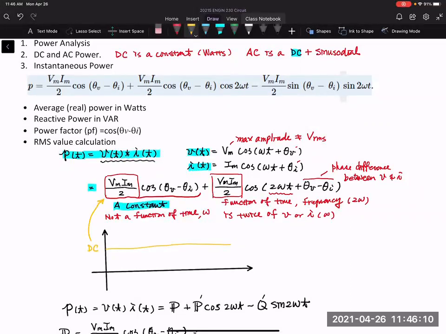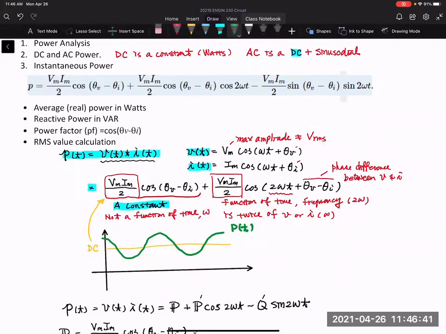And then you also have some oscillation, right? So that means the actual wave is going to go like this. And this is your power. This is your P sub T. Okay, the oscillation itself is coming from the second term in this power equation.